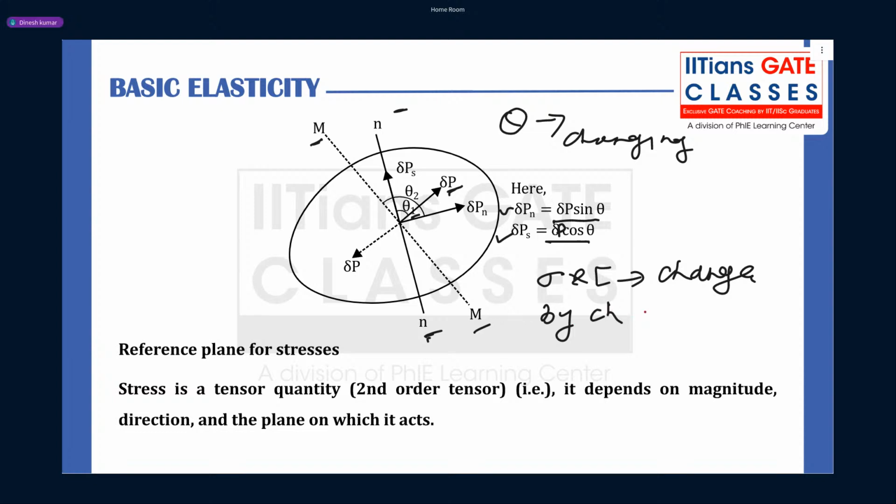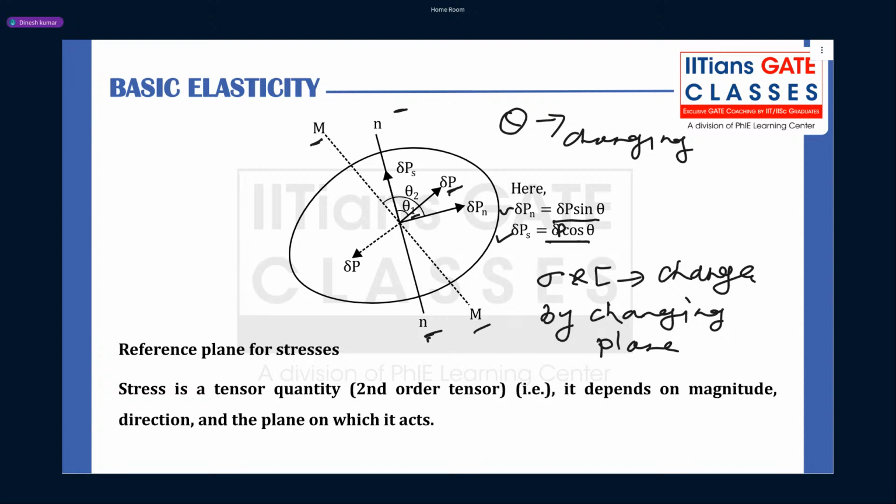Yes or no, guys? Yes, sir. Clear? This point is clear, Anand? Yes, sir. So that means your stresses depend on the reference plane, right?